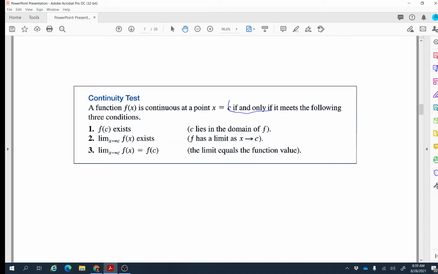This if and only if means that if the function is continuous at c, these three conditions hold, and similarly, if these three conditions hold, then we can say that the function is continuous at that point c. So whenever we check whether a function is continuous at c or not, we have to check these three conditions.